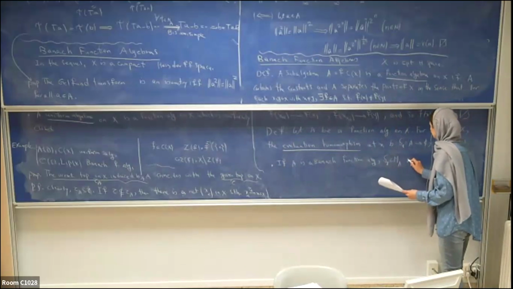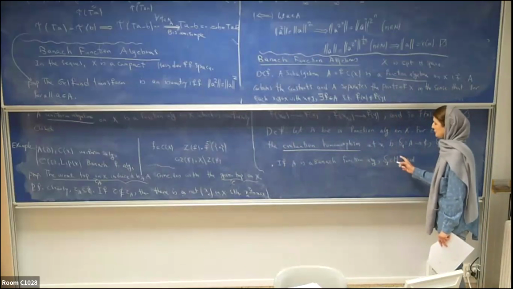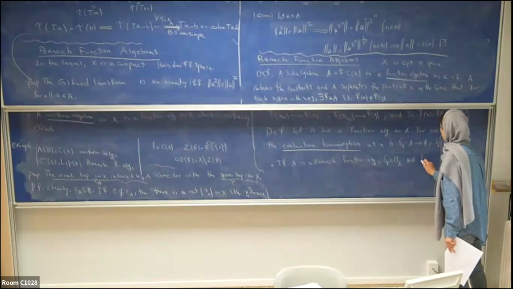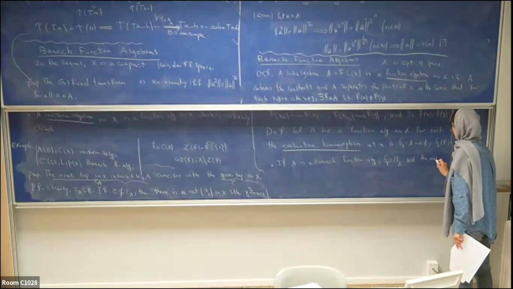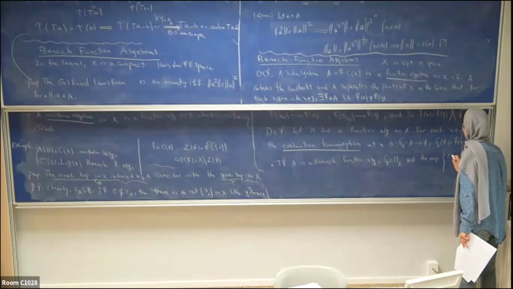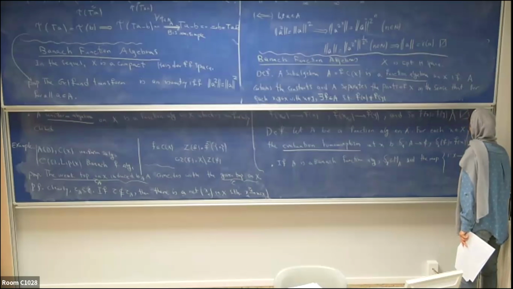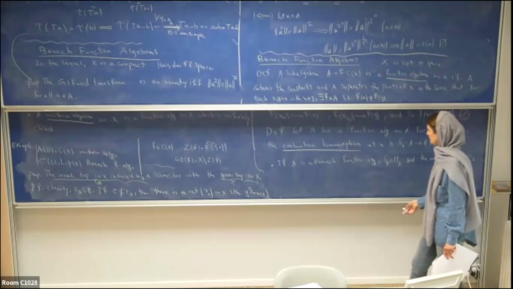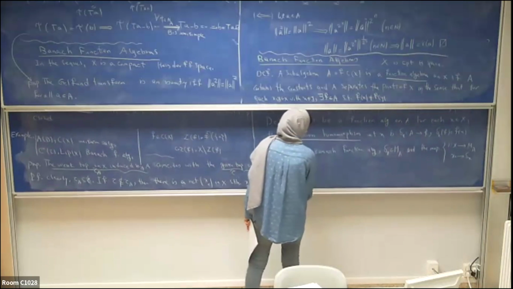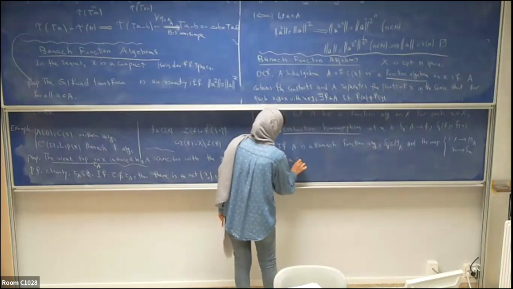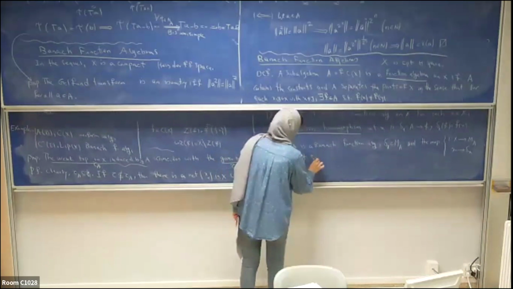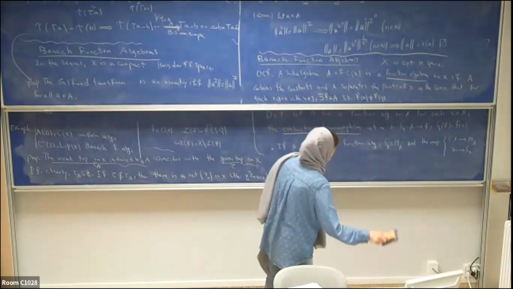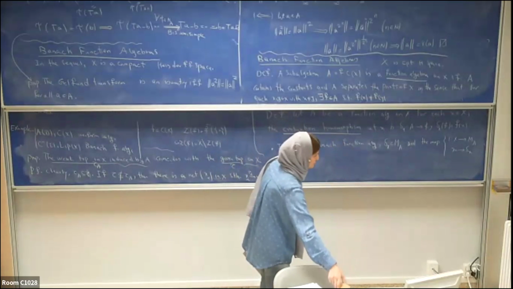I just defined M(A) for a Banach algebra, that's why I put Banach here. And the map I from X to M(A), which takes x to delta_x, is a continuous injection.